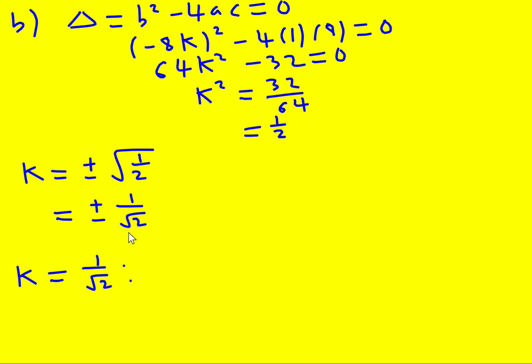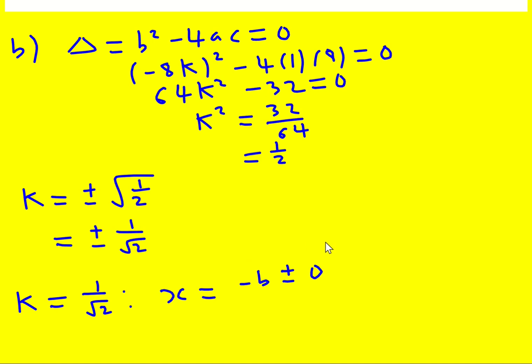Well, actually, we can use the quadratic formula here, which is simply x equals minus b plus or minus. In this case, it's going to be 0 because the discriminant is 0. So it's just going to be minus b all over 2a.